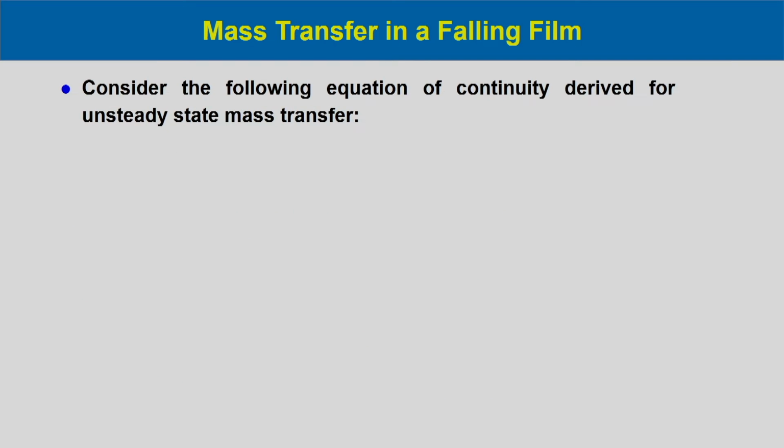Now, let us consider the following equation of continuity which is derived for unsteady state mass transfer. In module 1, we have already derived the unsteady state mass transfer equation using Fick's second law with chemical reactions.